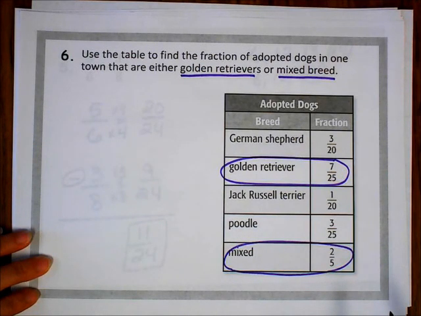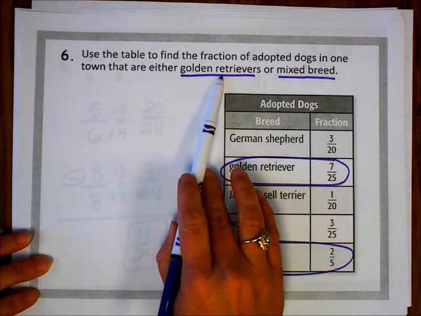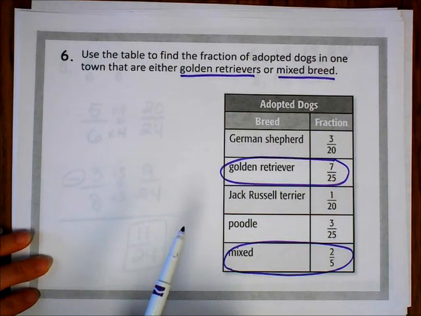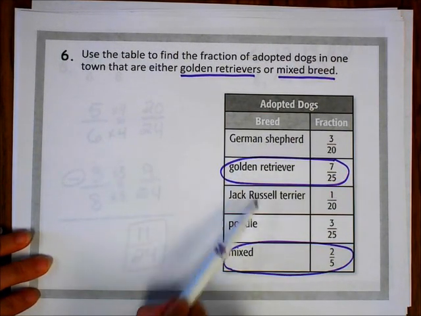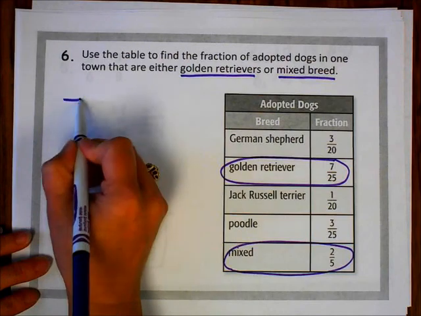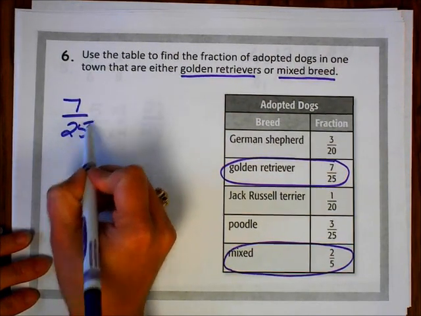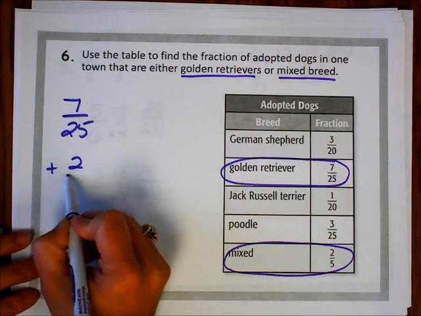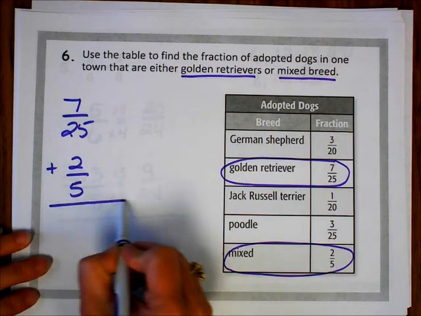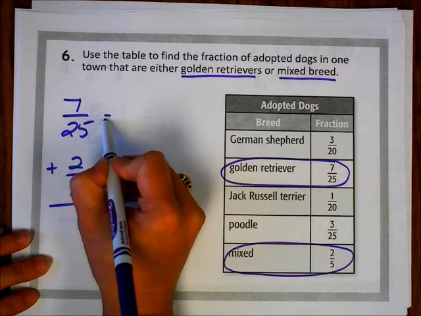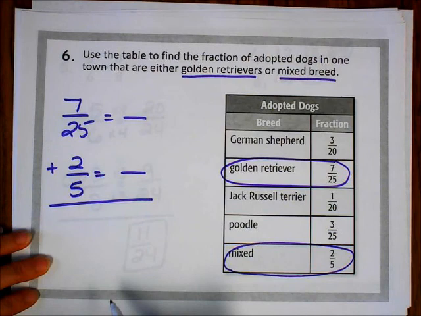So I want to find out how many altogether were either golden retrievers or mixed breeds. So I'm going to add my two fractions together. So 7/25 plus 2/5.